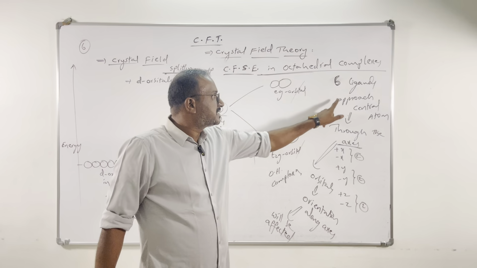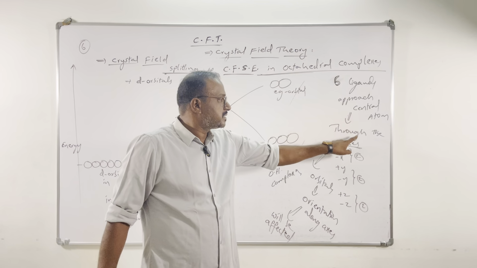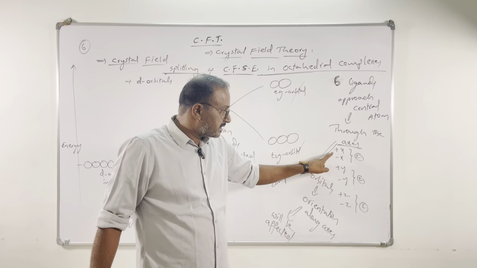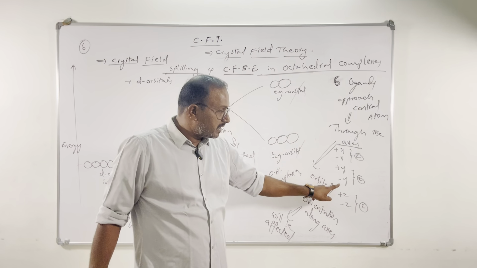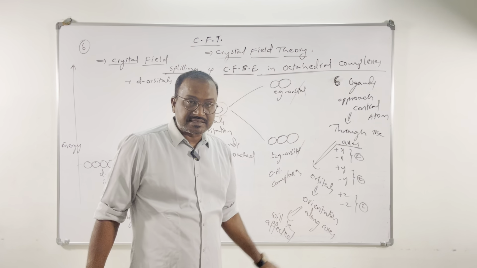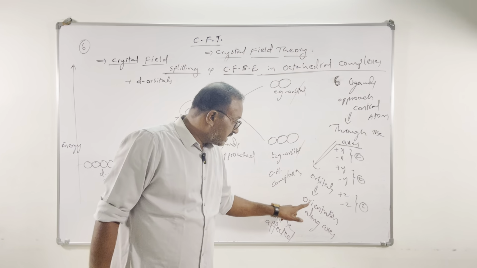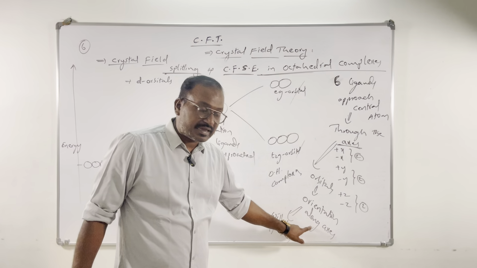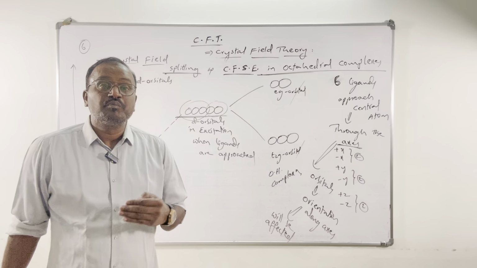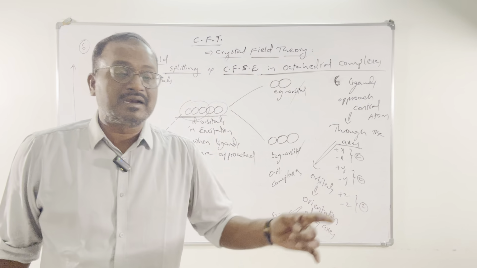So when six ligands approach the central atom through the axis, plus x, minus x, plus y, minus y, plus z and minus z, those orbitals which have orientation along the axis will be affected more than other orbitals.